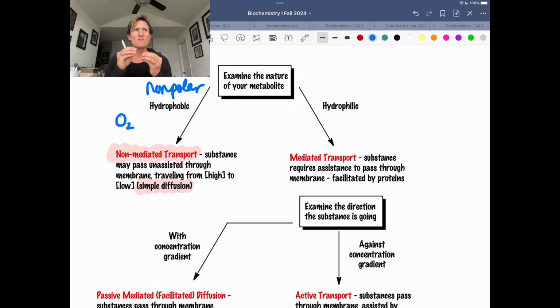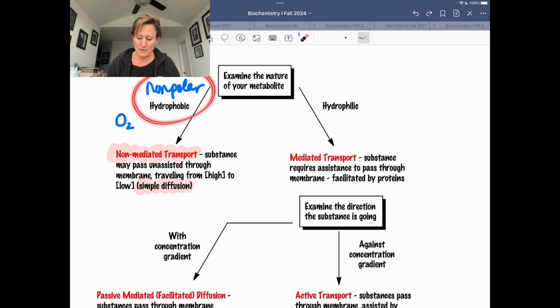But the importance of not having to diffuse more than 1 millimeter is also related to the fact that when we think about this going through lipid bilayers, oxygen being relatively small and nonpolar, we don't have to worry about any transporters to facilitate that.